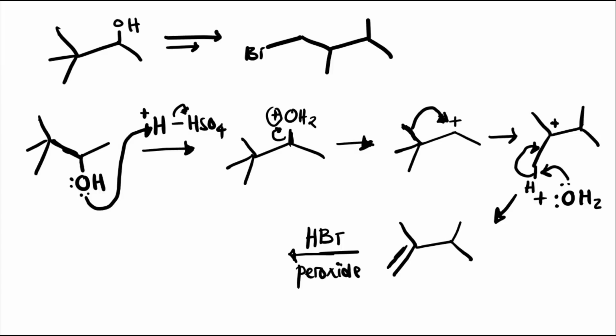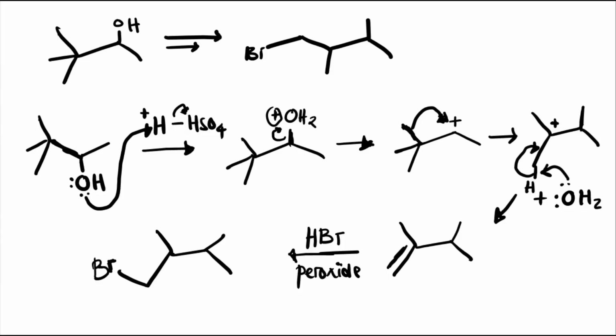If I didn't add the peroxide here, the bromine would join to this carbon here. But since I've added the peroxide here, the product that is going to form is going to be like this.